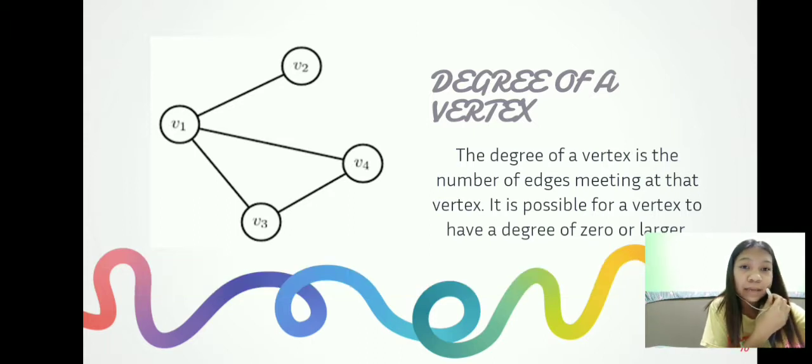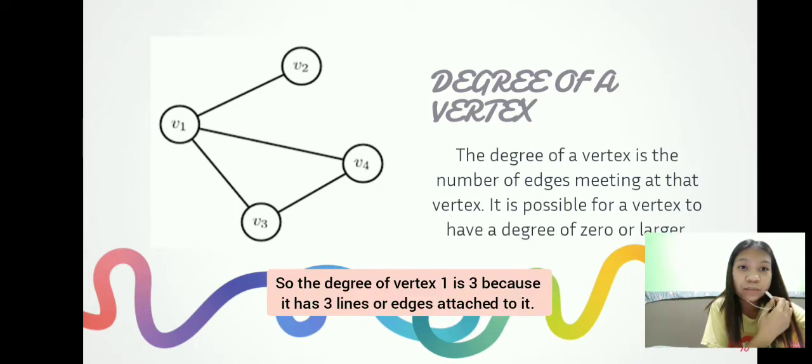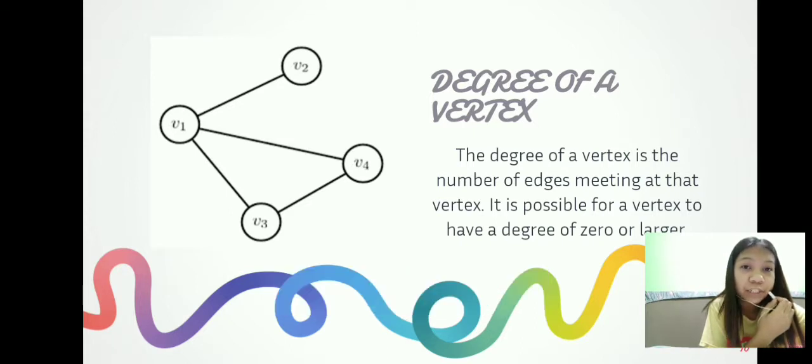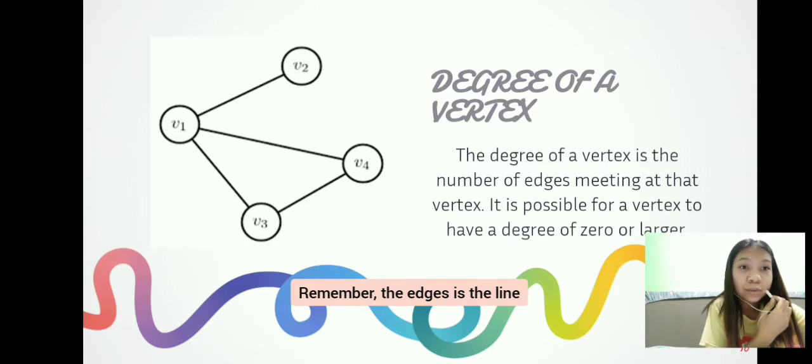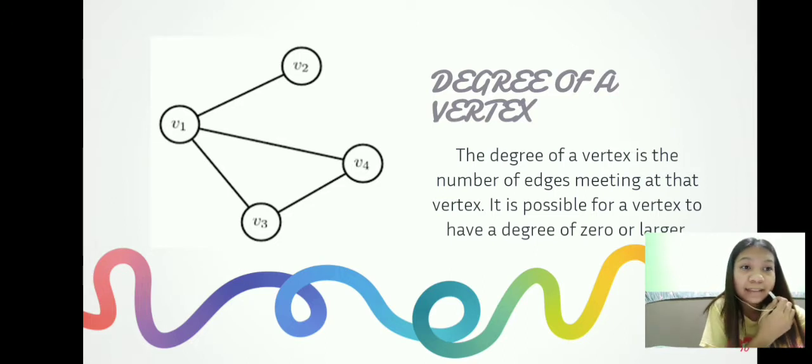As you can see, in vertex 1, there are two edges connected to it. So the degree of vertex 1 is 2 because it has two edges connected to it. The edge is the line.